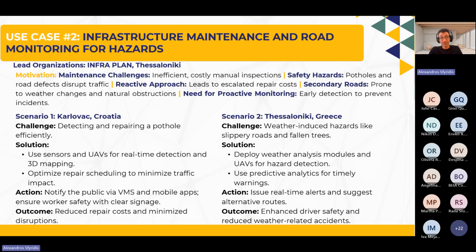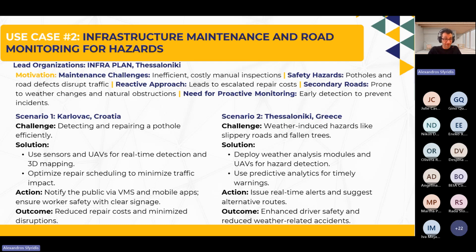Of course, again, the approach is normally reactive rather than proactive. While we have, on some secondary roads, issues where natural obstructions or other weather conditions can affect traffic.